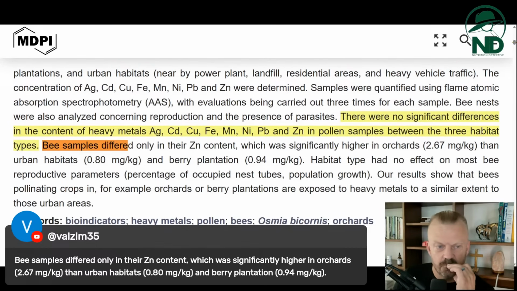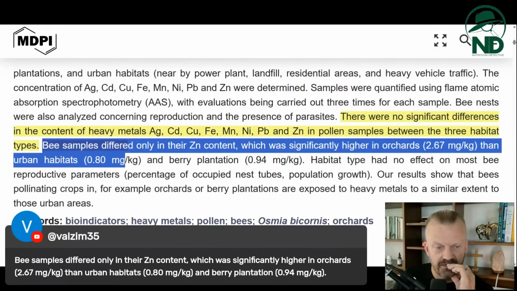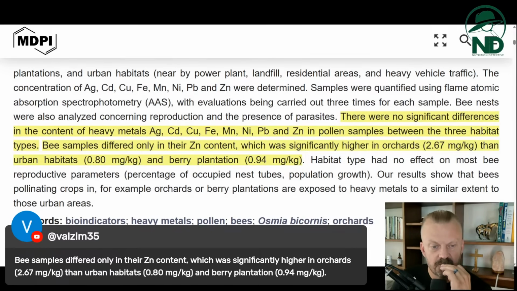The B samples differed only in their zinc content, which was significantly higher in orchards than in urban habitats and the berry plantation. I'm guessing that the orchards were somehow supplementing their soil with zinc, and it made it up into the pollen and the plants, and then that got into the bees, because they're literally talking about bees here, not the pollen.